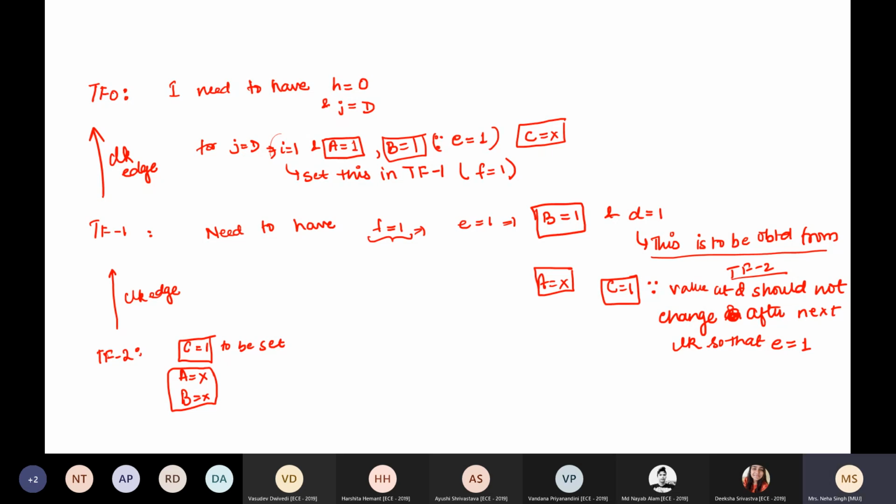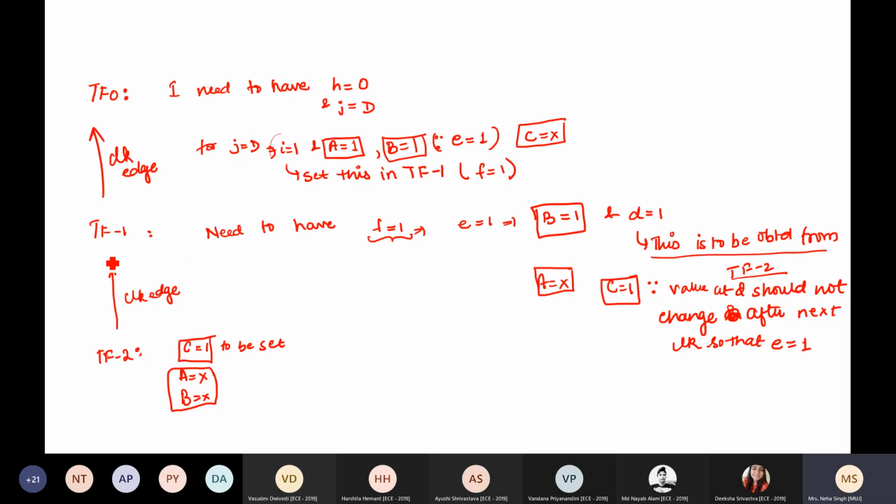So at the end, I will have the 3 test patterns completely specified and the answer would be written in sequence by default. Right? So when we start reading, we say in TF0 I want H equal to 0, J equal to D, for which I should put A equal to 1, B equal to 1 and C equal to X. If I put these input values, I ensure that in this time frame E equal to 1 and the value F equal to 1 has been propagated from the last time frame.